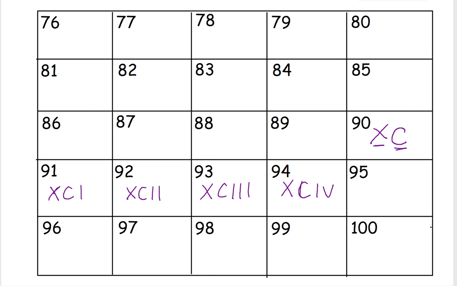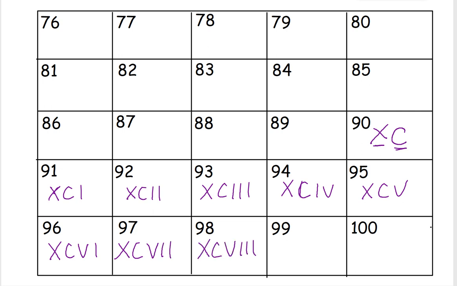It gets tricky as we keep going. And then XCV, XCVI, XCVII, XCVIII for 98. And then 99 is going to be 1 less than 100, so it's going to be IC, I believe.